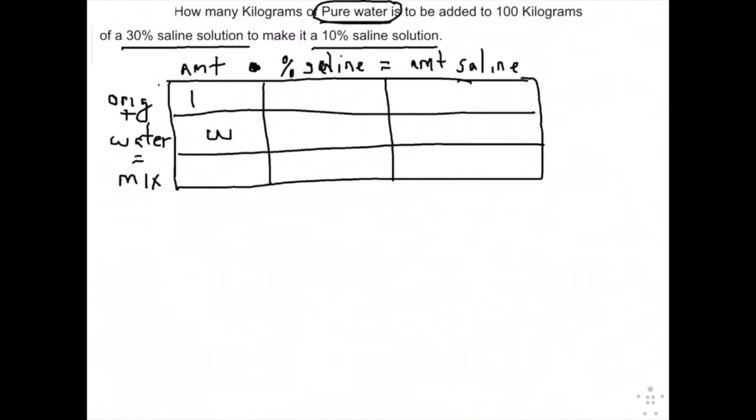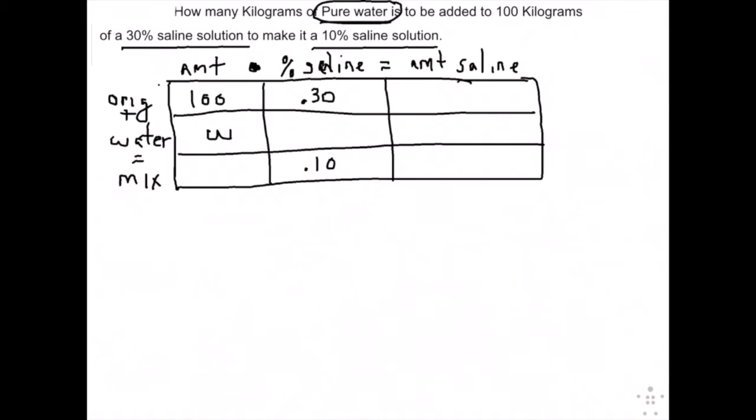So I have 100 kilograms of the original, which is 30% saline. And I'm going to write that as 0.30, or 30%. And the goal is to make it a 10% saline solution, right?